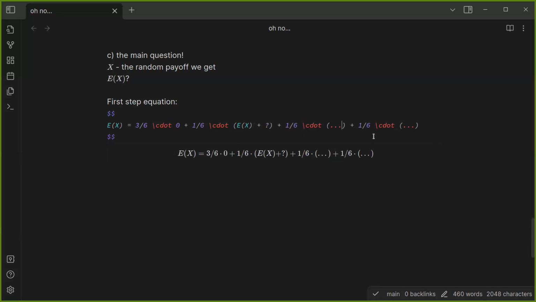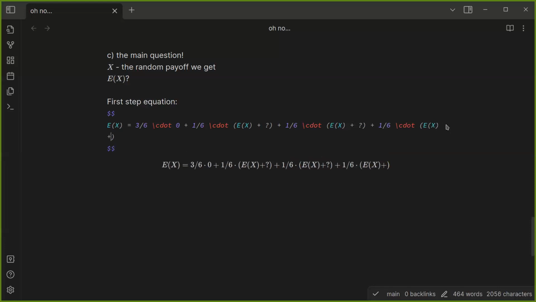If I throw 2, $2 will be added into the pot. Hence, the game is better for me. I have the initial game, but $2 in the pot. And finally, if I throw 3, the game is more favorable to me because it's like the initial game, but something is already in the pot.